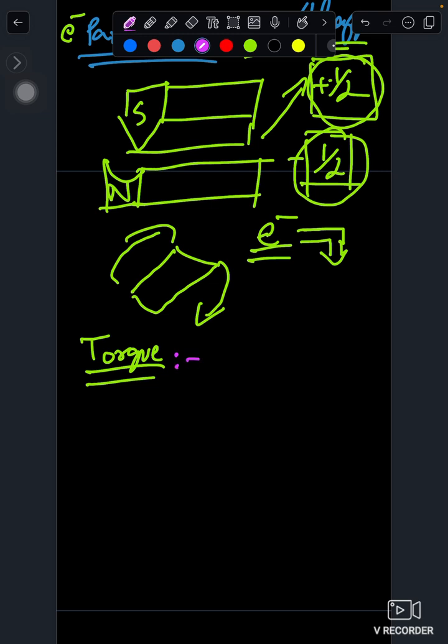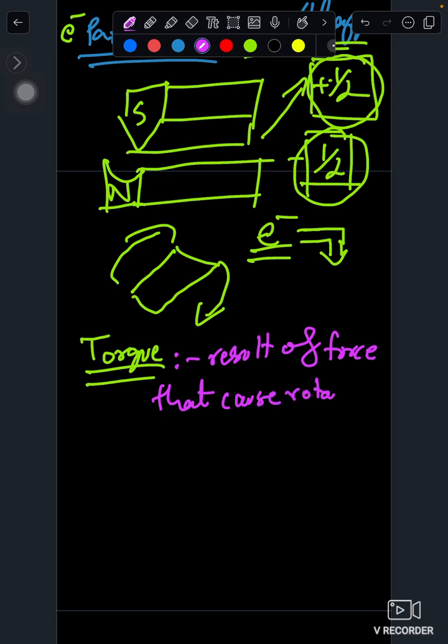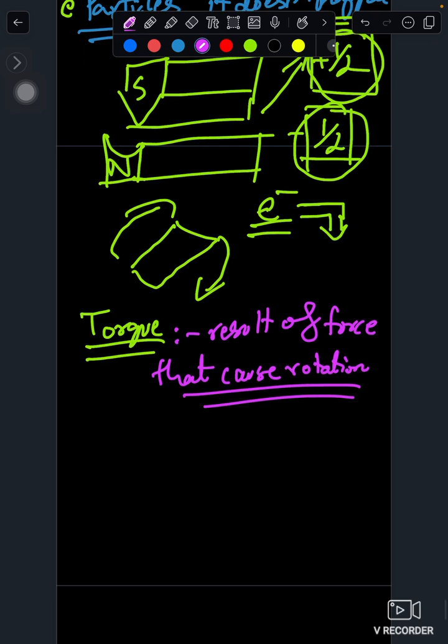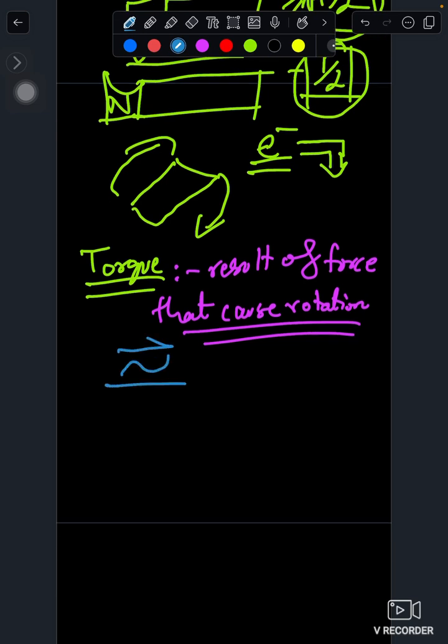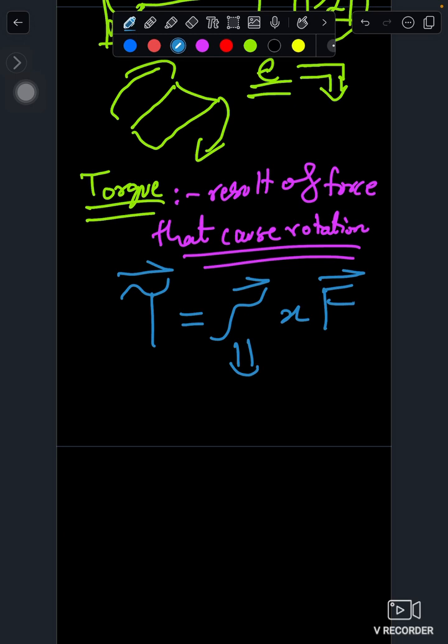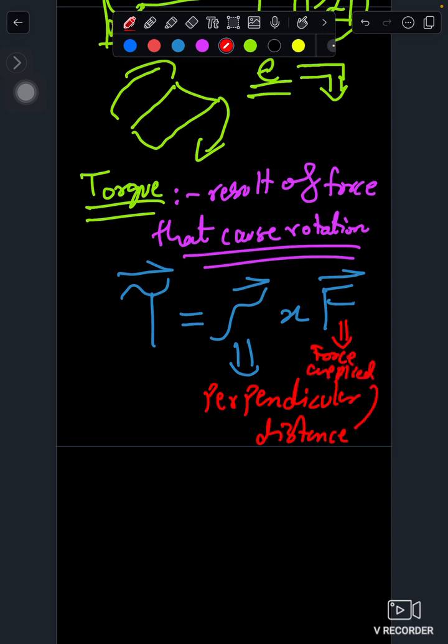Torque is the result of a force that causes rotation. In the formula, this is the perpendicular distance, perpendicular meaning a 90-degree angle, and this is the force applied perpendicular.